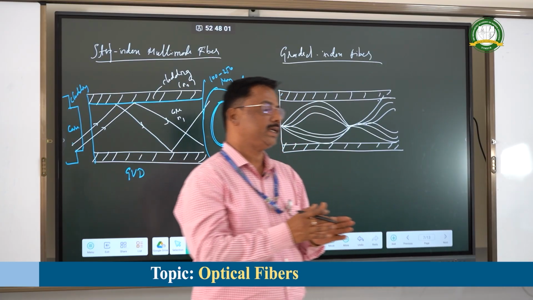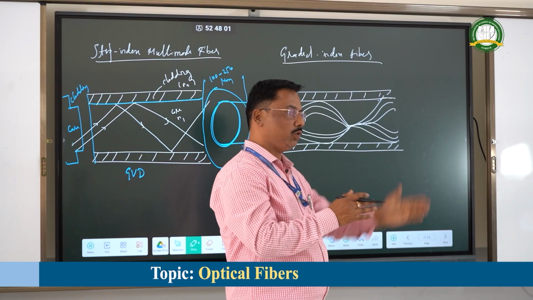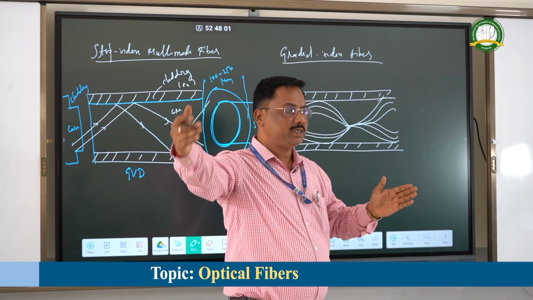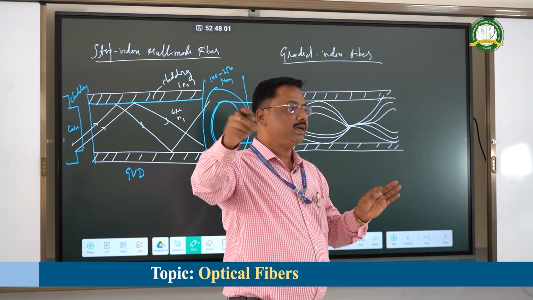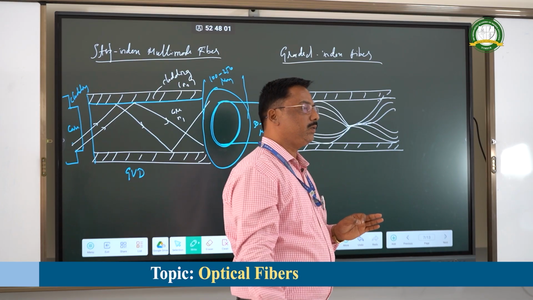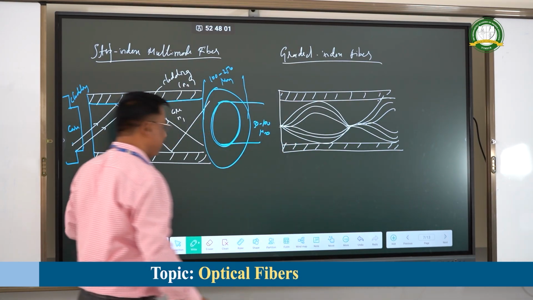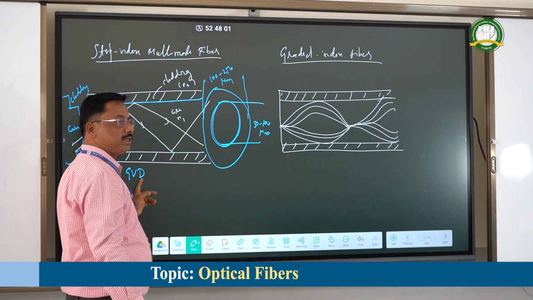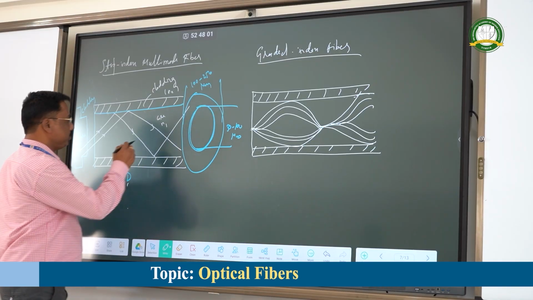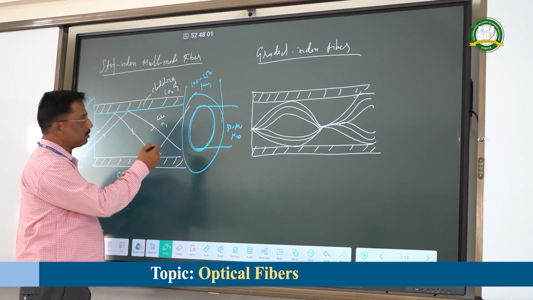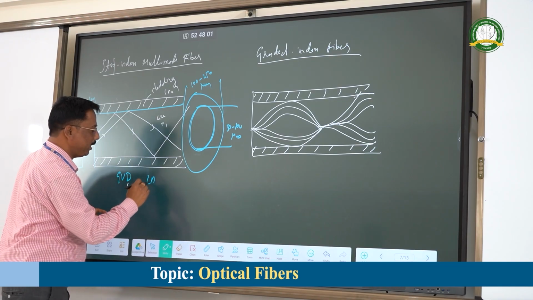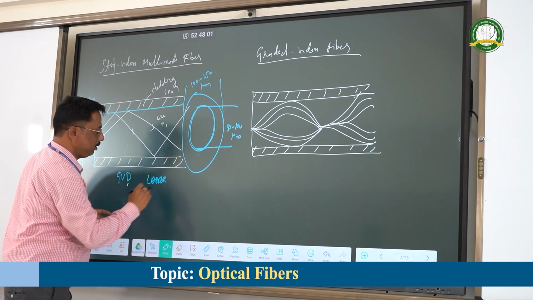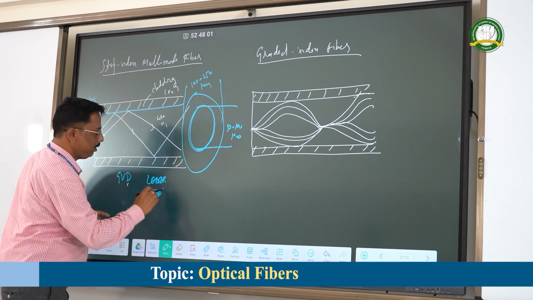All the modes are excited at the same time at the source, but at the receiving side, different modes will reach at different times. That phenomenon is called group velocity dispersion. And for this step index multi-mode fiber, both laser and LEDs can be used as the light source.